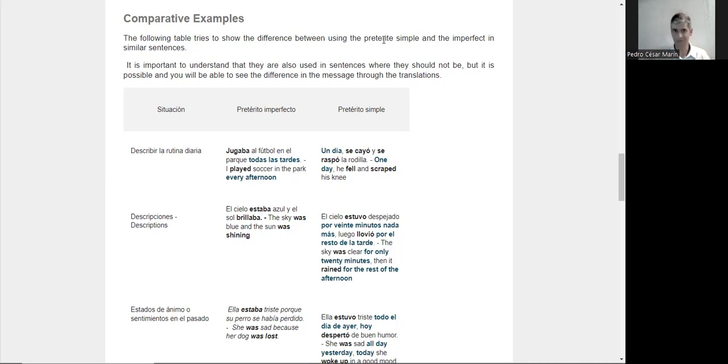So let's try to put our attention on the blue words because they are the context basically. They are the time expression. They're referring to the moment when the action happened. And that's almost everything that has to do with which one do I have to use, because they refer to whether they were repeated or not, if it's chronological or not, they will describe the whole thing.